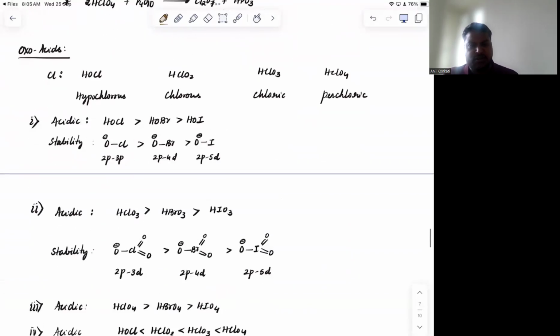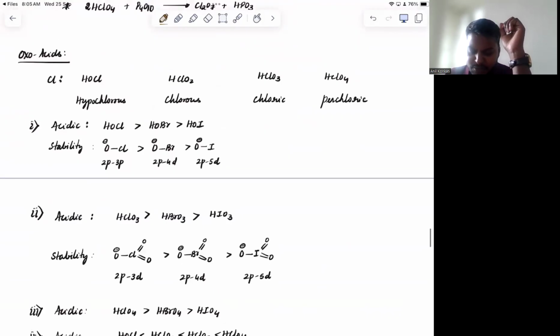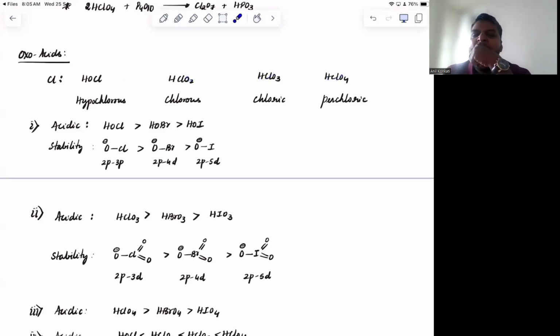Coming back to the oxo acids, check out what are the oxo acids we have. When it comes to fluorine, fluorine will have HOF, which is again an unstable form. So HOF is the only acid we can expect. Next, HOCl, HClO2, HClO3 and HClO4.